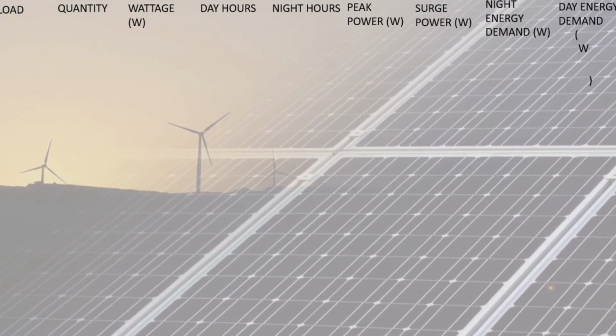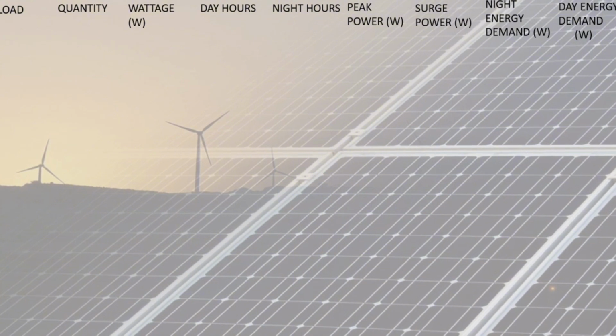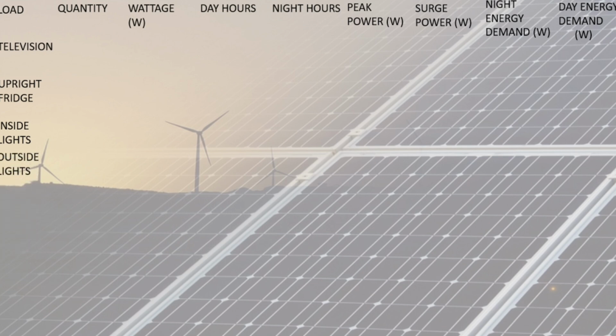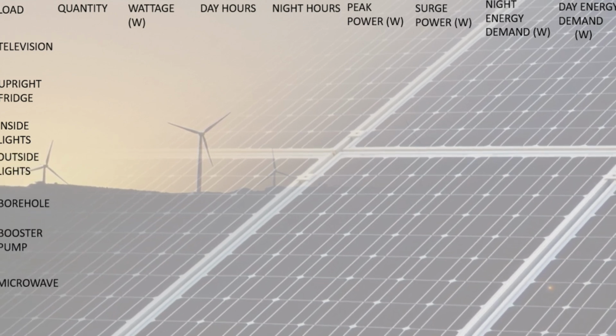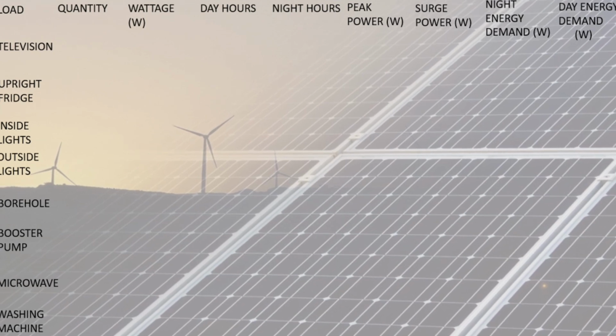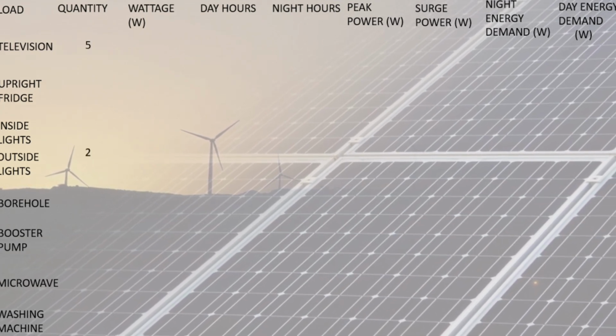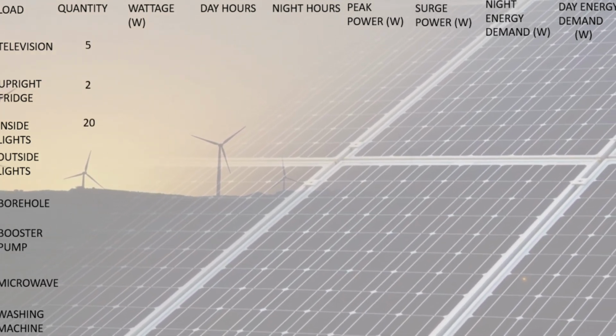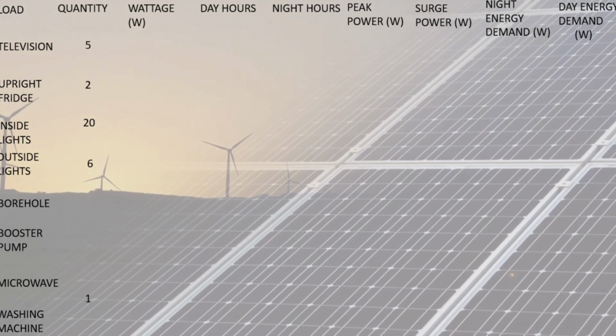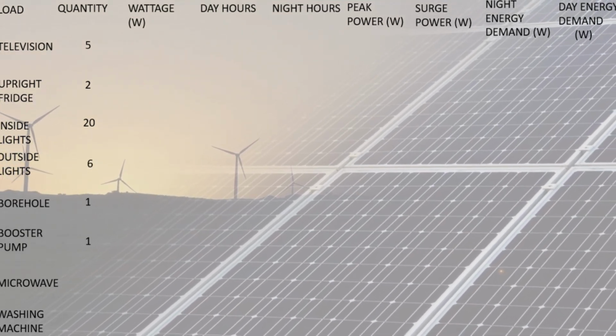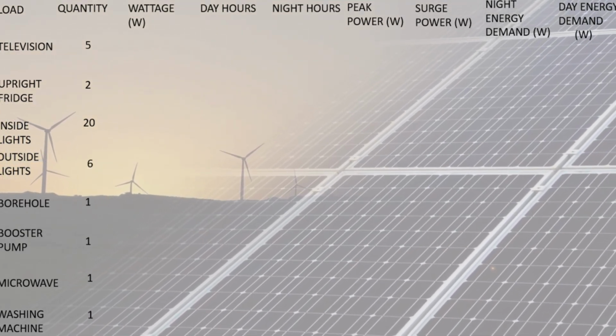Our devices are given by the question: television, upright fridge, inside lights, outside lights which are security lights, a borehole pump, a booster pump, a microwave, and a washing machine. We have 5 televisions, 2 upright fridges, 20 inside lights, 6 outside lights, 1 borehole pump, 1 booster pump, 1 microwave, and 1 washing machine.